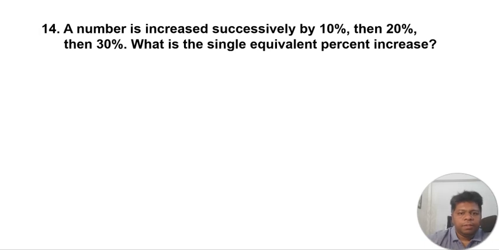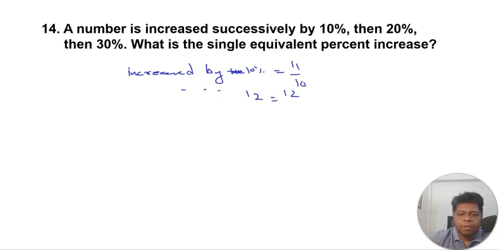Next question: a number is increased successively by 10%, 20%, 30%. Now remember this quickie. Increased by 10%, it will become 11 by 10. Increased by 20%, it will become 12 by 10. Increased by 30%, it will become 13 by 10.